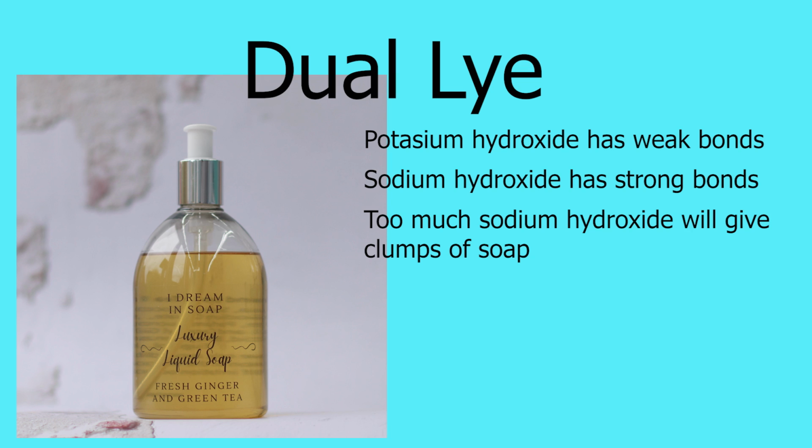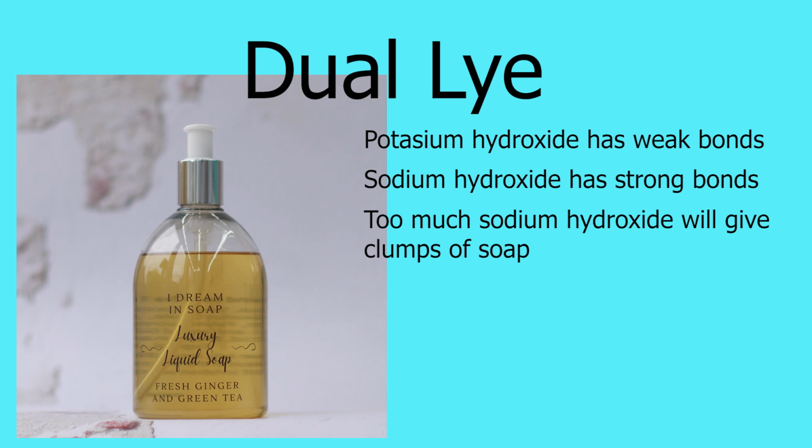We can't just swap loads of potassium hydroxide out for sodium hydroxide because you're essentially trying to make a bar soap in a liquid. And remember, that sodium hydroxide has very strong bonds. They will be attracted to each other.